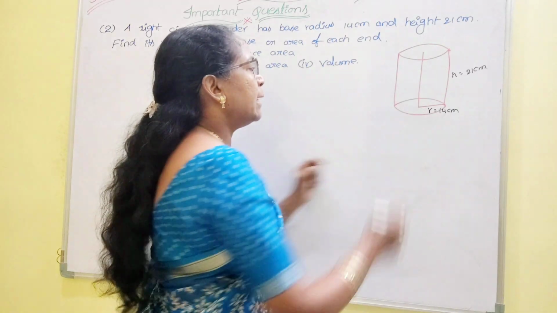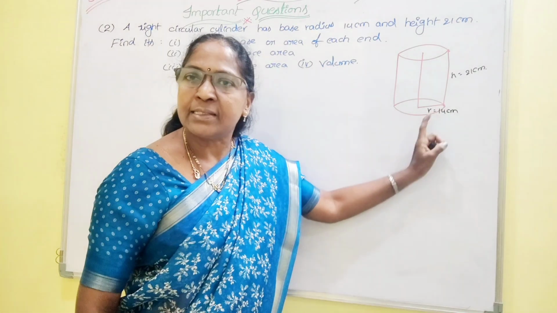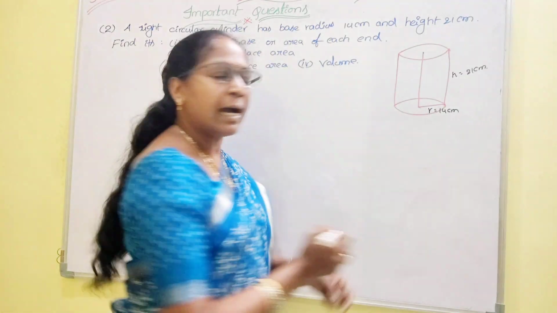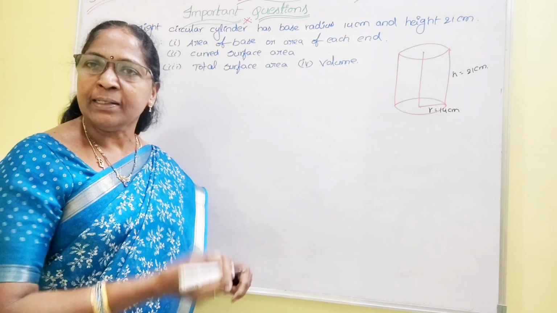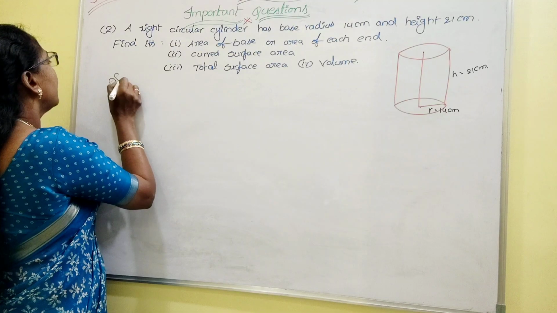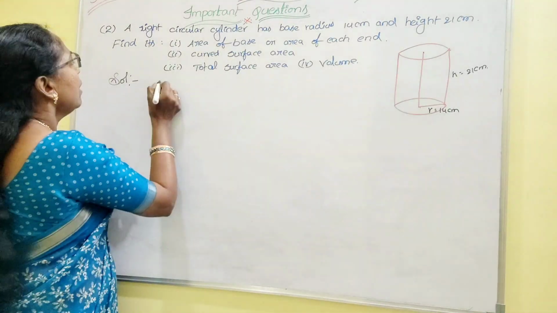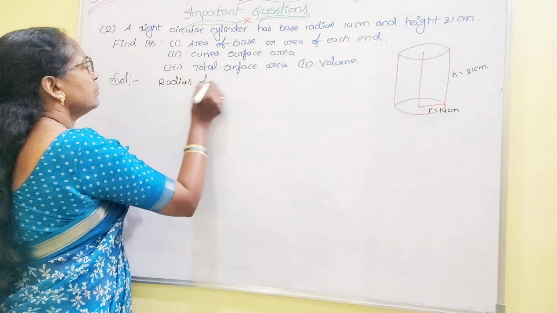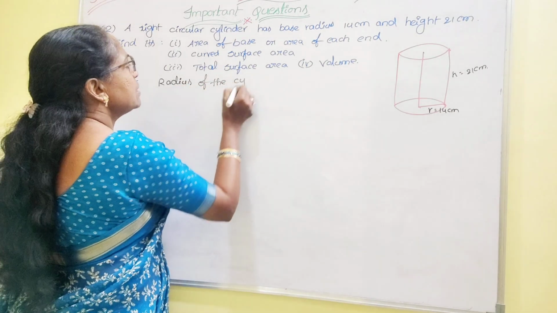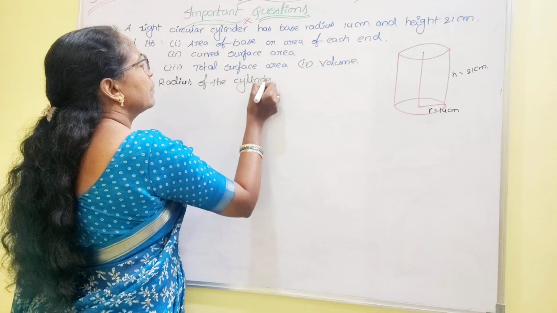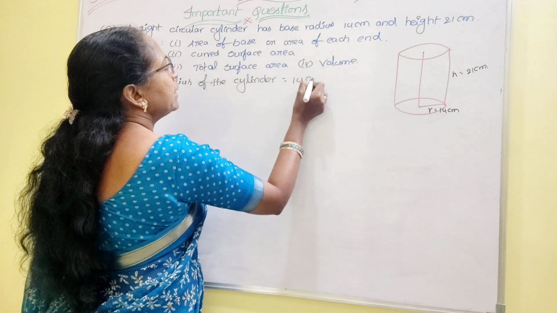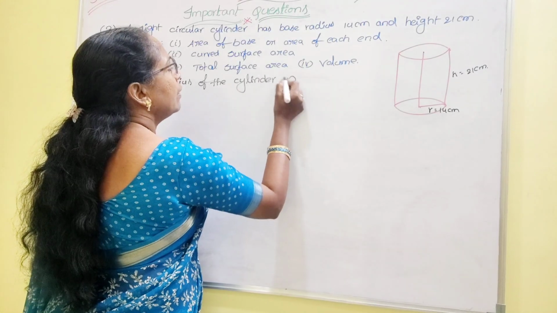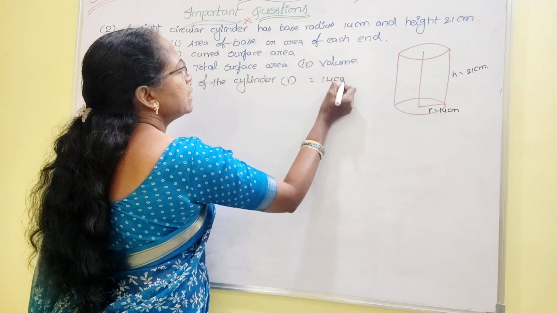So this is the cylinder. From the center point here is the radius, where radius equals 14 centimeter, and from this midpoint to midpoint is the height, where height equals 21 centimeters. Now first you have to write down the given data. Radius of the cylinder, R, equals 14 centimeters.